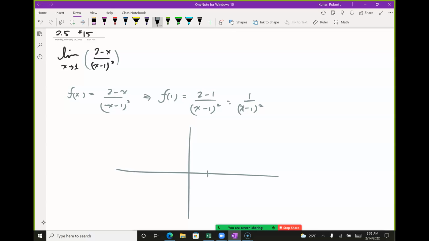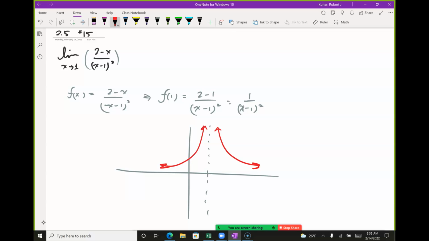At 1, there's a vertical asymptote because my denominator would be 0, right? And it's going to look like 1 over x squared. And of course, you could graph it on your calculator. You don't have to do what I'm doing. You just graph it on your calculator.